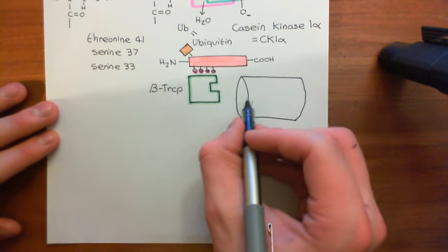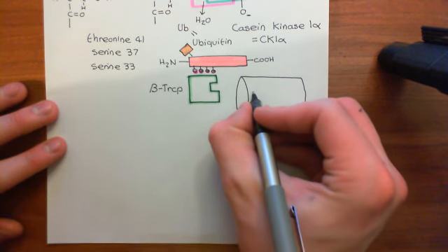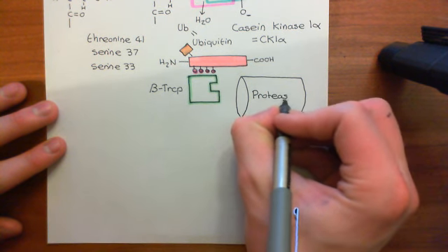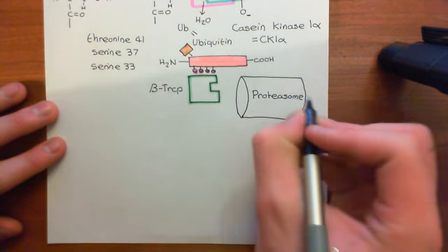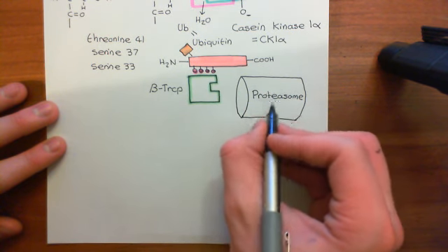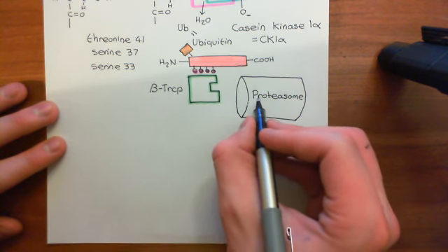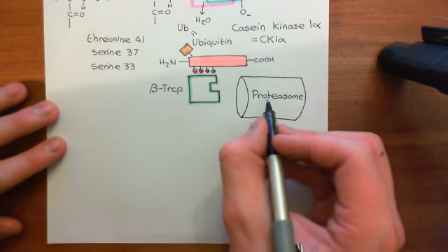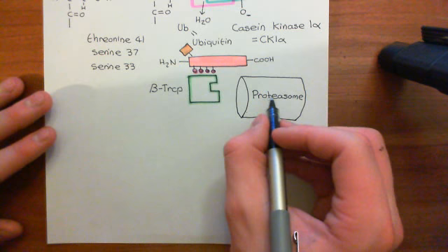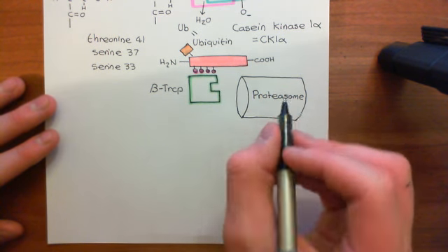Now, proteins go in one side, okay, and then fragments of proteins come out the other side. Okay, so in the middle of this tube, you're going to have loads of enzymes which are going to break down the proteins. They're not quite going to break them down into amino acids, but they'll break them down into small fragments of amino acids.